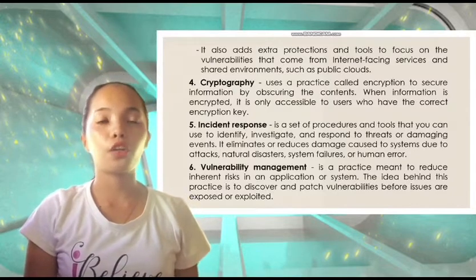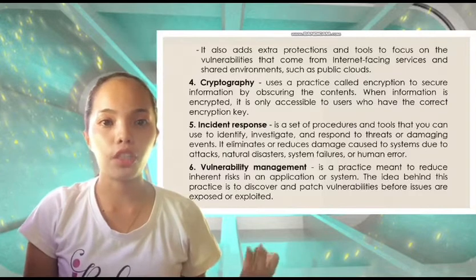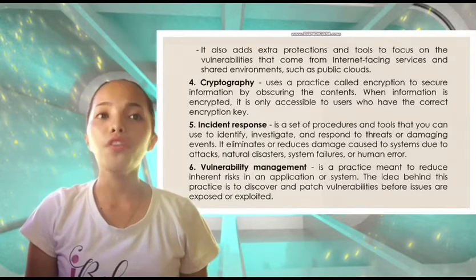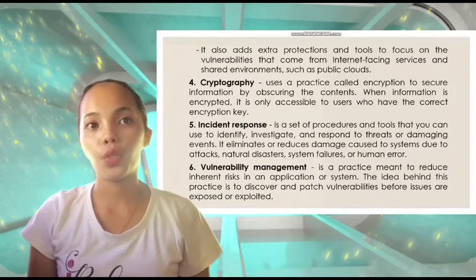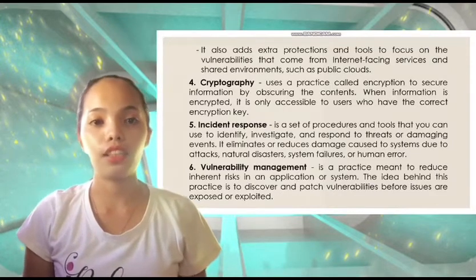Fourth is cryptography. It uses a practice called encryption to secure information by obscuring the contents. When information is encrypted, it is only accessible to users who have the correct encryption key. Fifth is incident response.